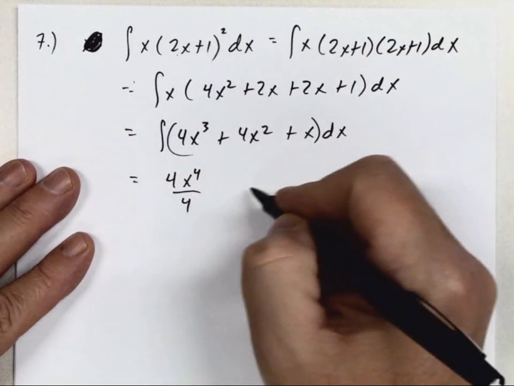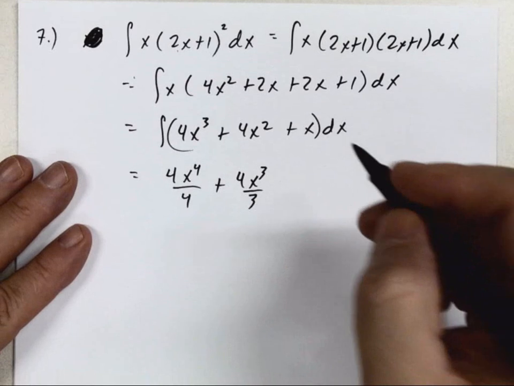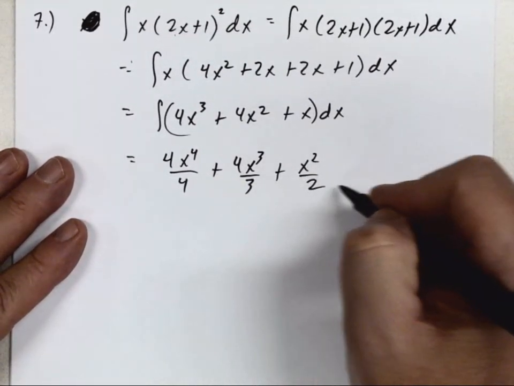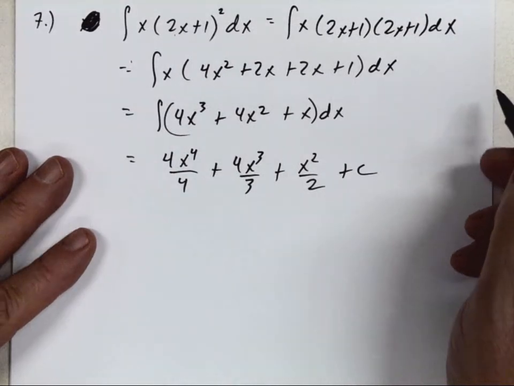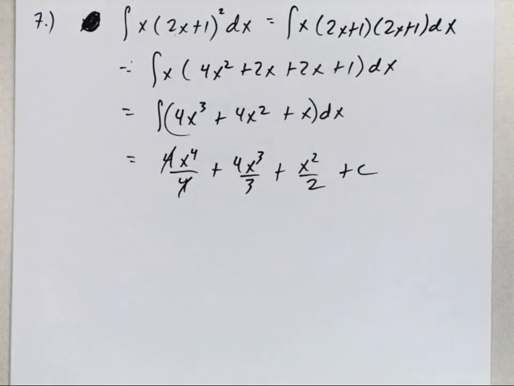So x to the 4th over 4 plus 4x cubed over 3 plus x squared over 2. Guess those cancel out. You're left with that. And once again, I'm going to check and make sure. And yep, that looks like the correct answer in the key.